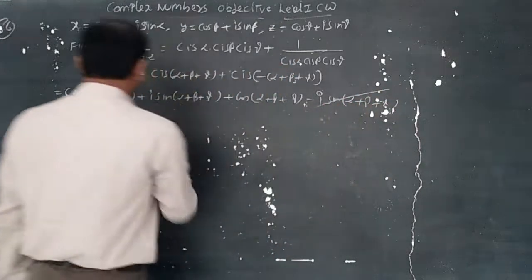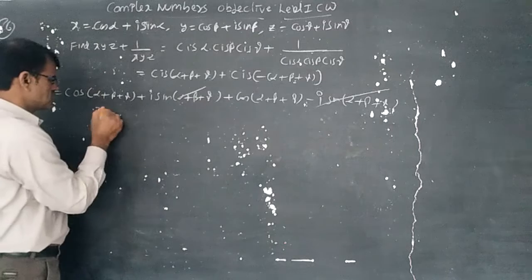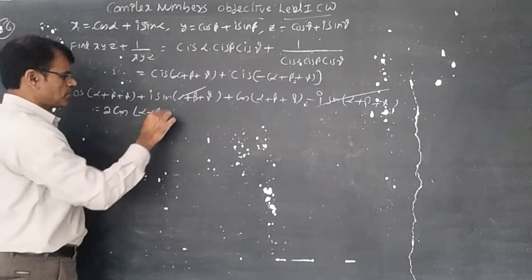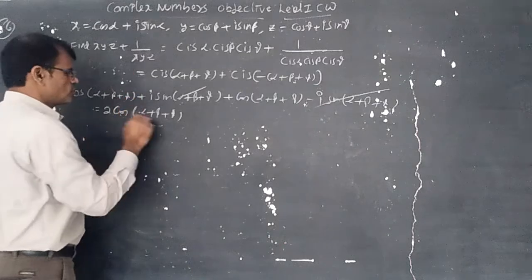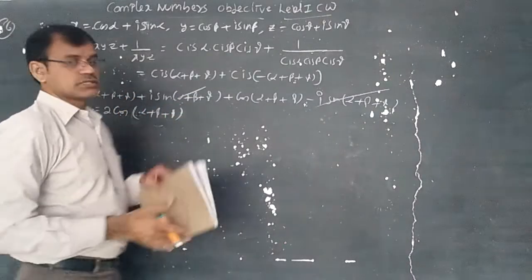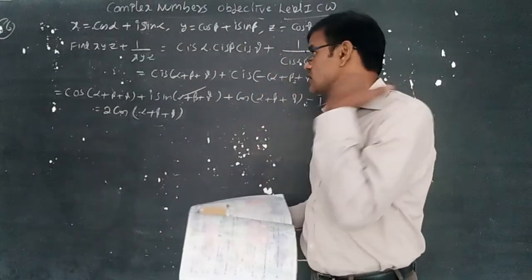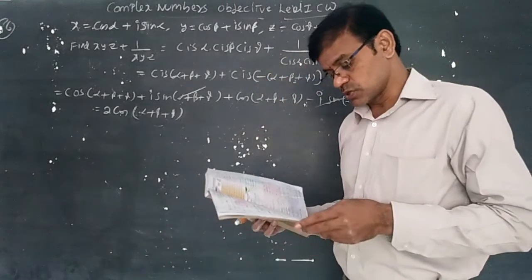So minus sin plus sin get cancelled, that is equal to 2 cos of alpha plus beta plus gamma. Whenever plus is there, you will get the real part. Whenever minus is there, you will get the imaginary part between the cos alpha plus sin alpha modulus terms.